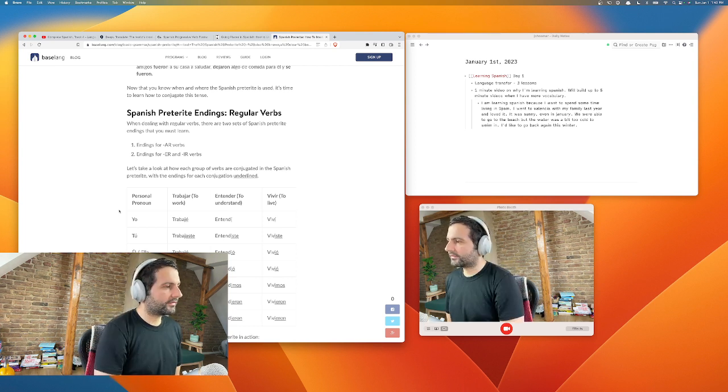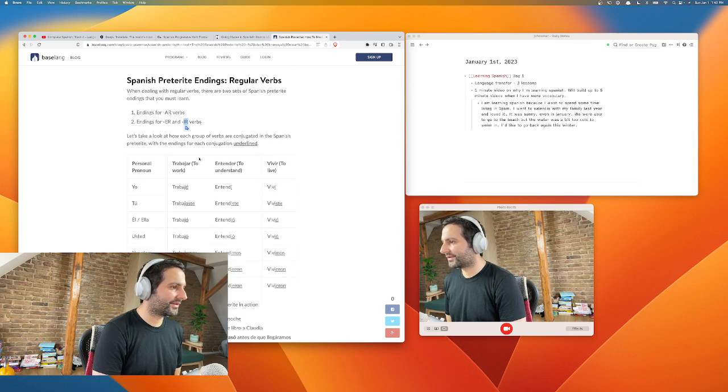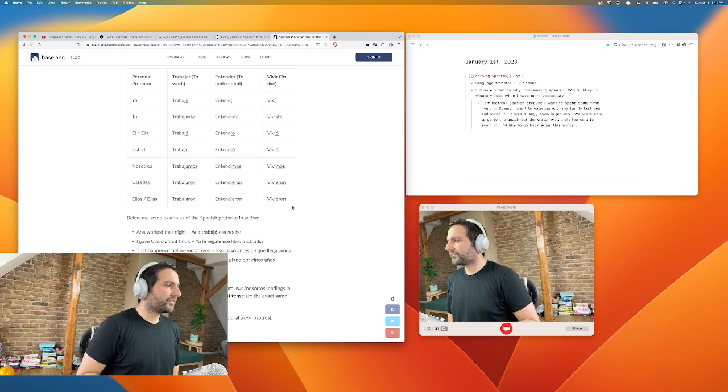So if ir, to go, is regular, then let's see. Vivir, fui. No, so ir must be completely irregular because it would be like iri if it were regular, but it can't be.